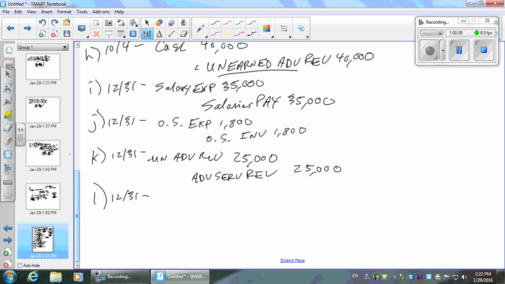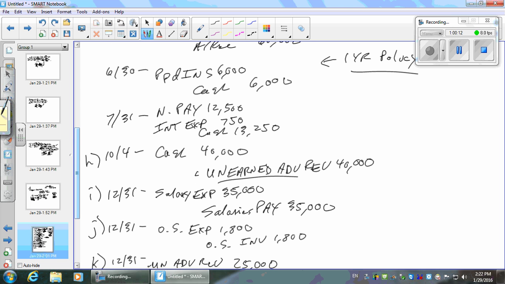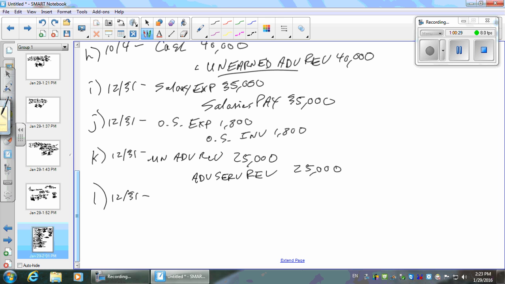Do we need an entry relating to the insurance in F above? Okay. What do we have for the insurance? That's this one. Okay, debit prepaid insurance 6,000, credit cash 6,000. We said it was 1 year. It's 6 months. Everybody agree it's 6 months? So how much got used up? 3,000. So what did it become?